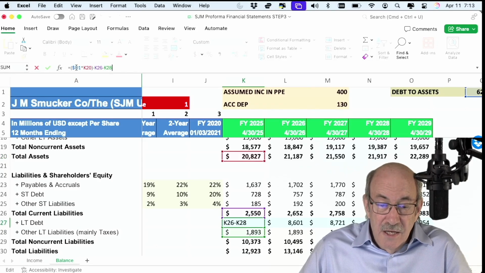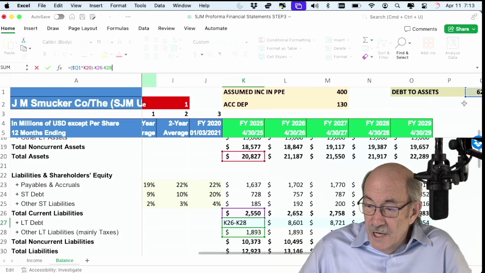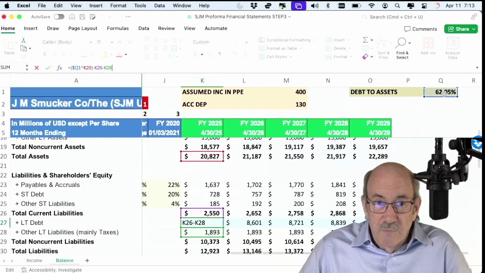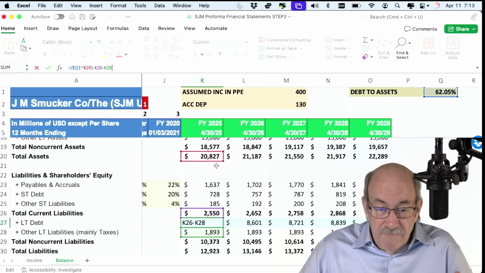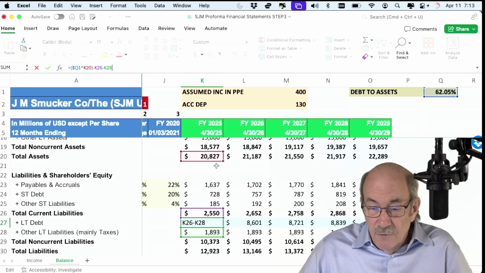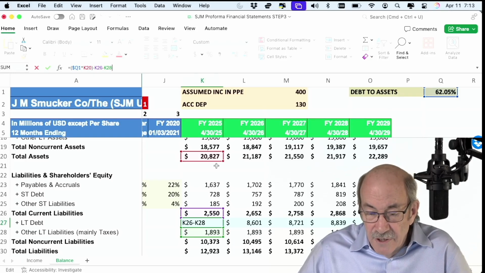Here's the formula. I'm taking Q1, which is my 2024 debt to assets ratio, 62.05, and multiplying that by total assets for fiscal year 2025, my projected year. So 62.05% of $20.827 billion.